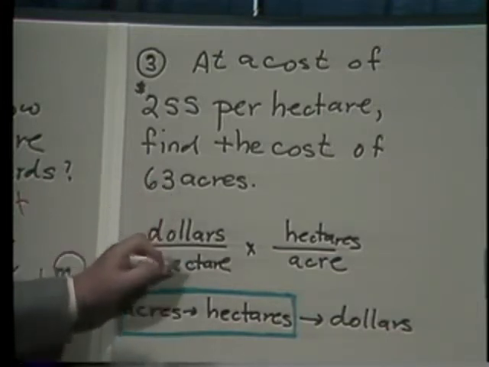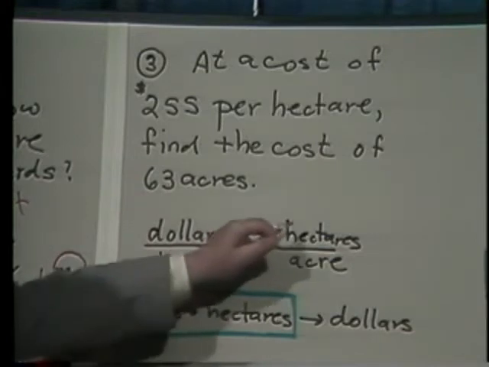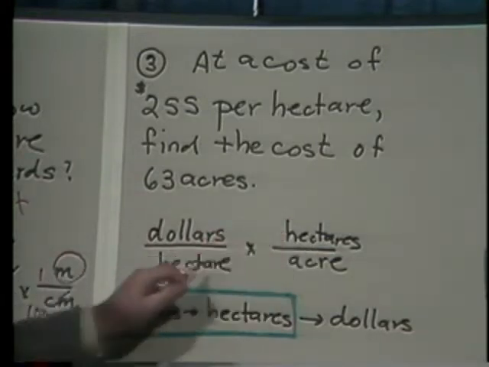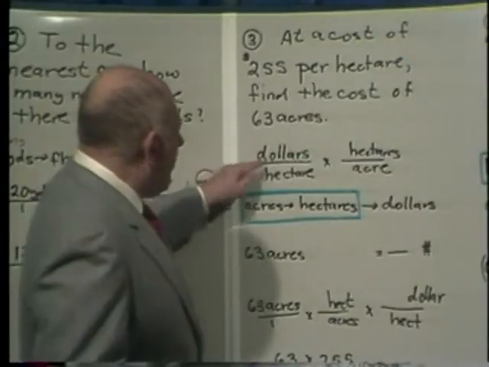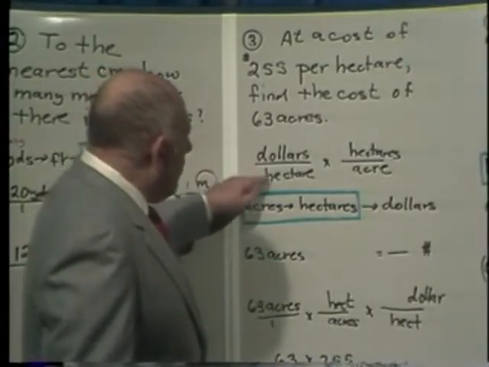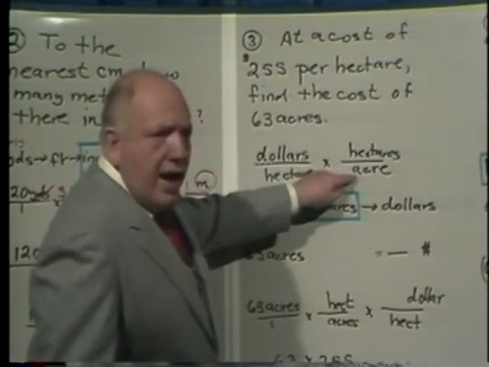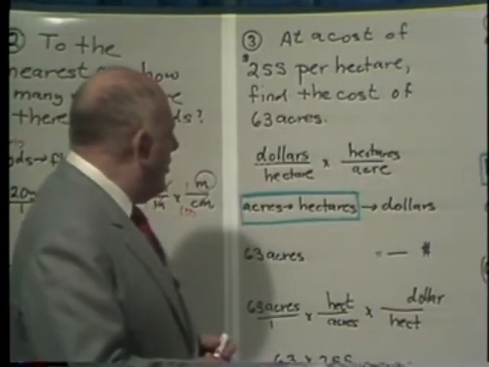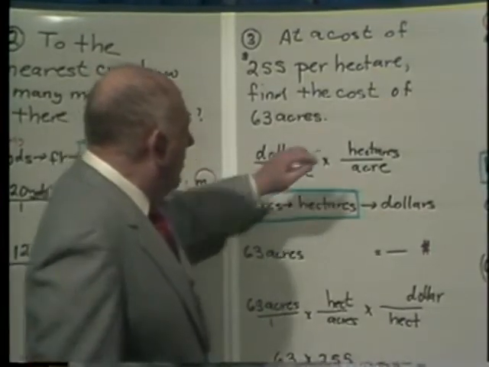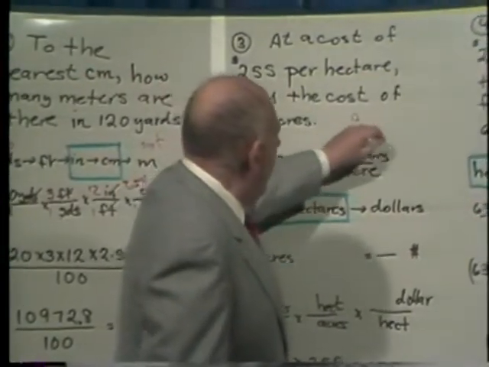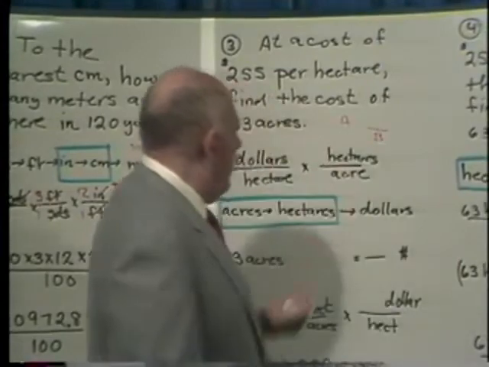If I take dollars per hectare and multiply that by acres, there's nothing to cancel out here. You see, somehow I want to get from dollars per hectare to dollars per acre. And I thought I'd just like to show you a nice way that you can do this. See, suppose you're given A's and you want to convert to B's.